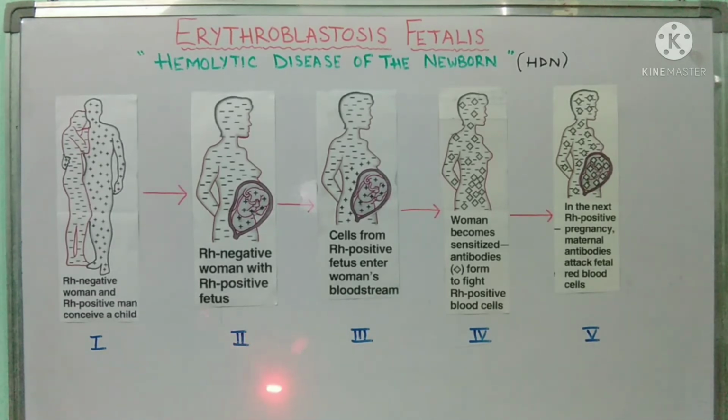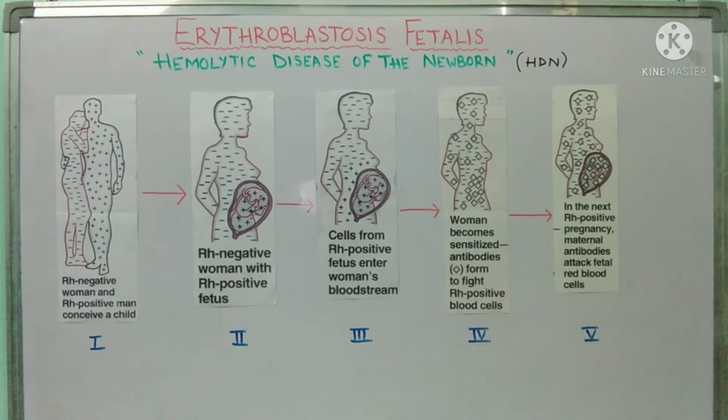This is when the fetal bone marrow reacts to the hemolytic anemia by releasing immature RBCs called erythroblasts into the fetal peripheral circulation, causing erythroblastosis fetalis.